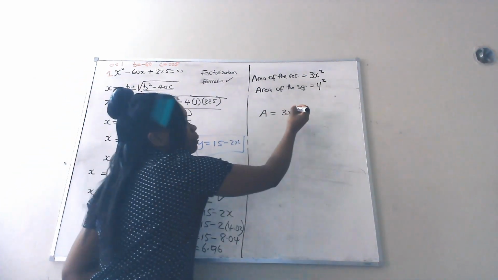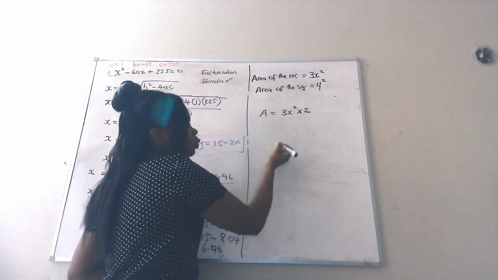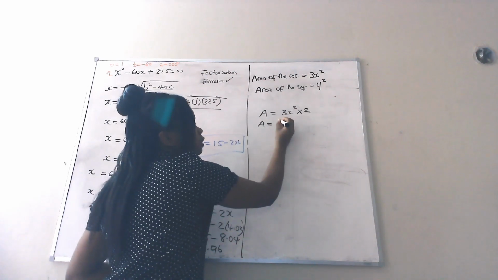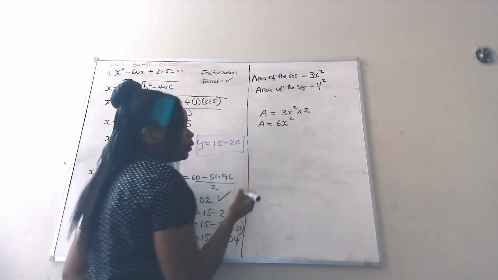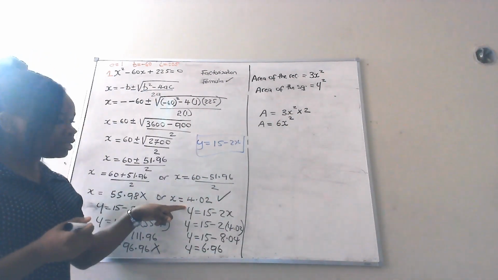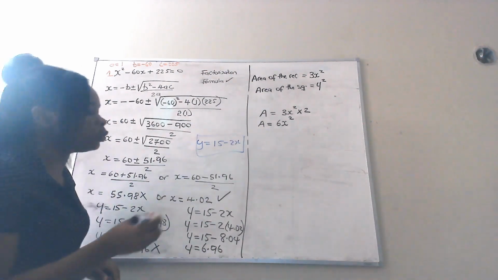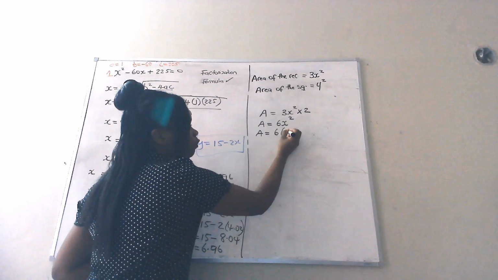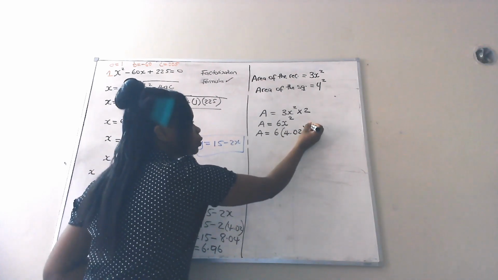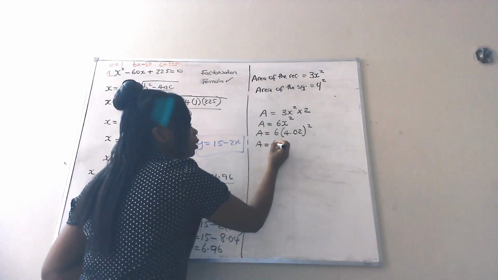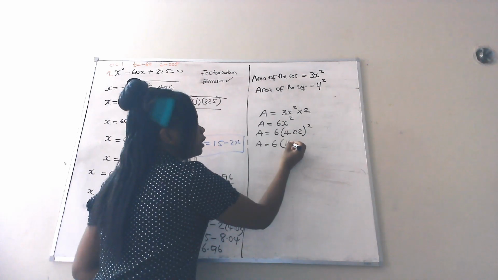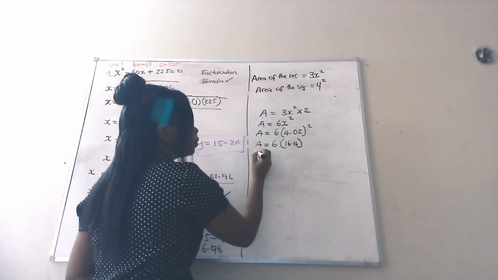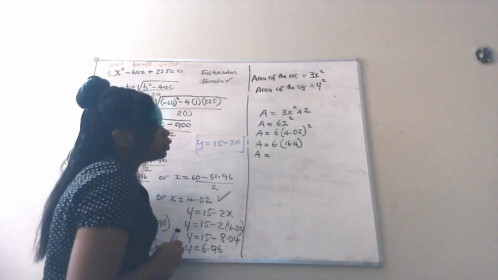So I will multiply this by 2. So A is equal to 6x squared. And since x is equal to 4.02, we're going to substitute that into the equation. 4.02 squared. A is equal to 6 times 16.16.